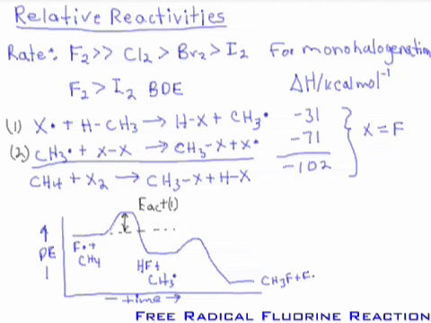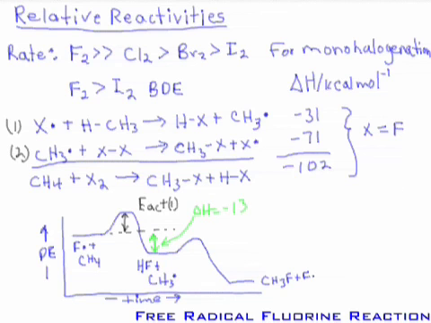And this right here, of course, is my delta H for 1. This is my delta H, and as we see, it was exothermic at minus 31.